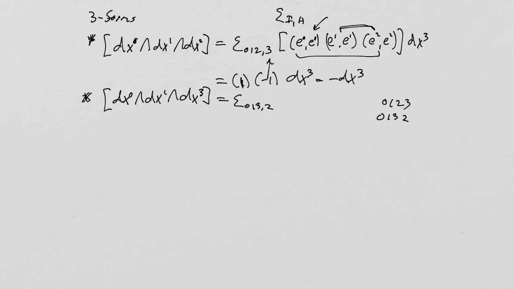So that's going to end up being -1. This product in here will be -1, right? As long as you have this first term in there, as long as a dx0 shows up on the left-hand side, this product here is always going to have a -1 in it. So this will be -1 times -1 dx2, so that's going to be just dx2. All right, so that's how it's done for 3 forms.